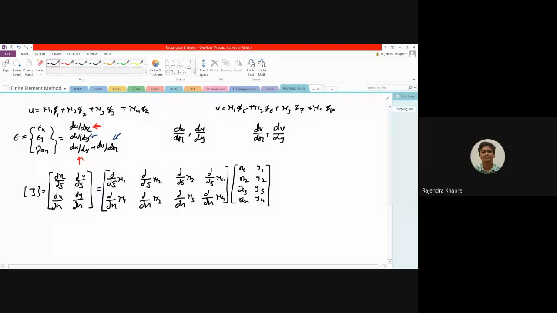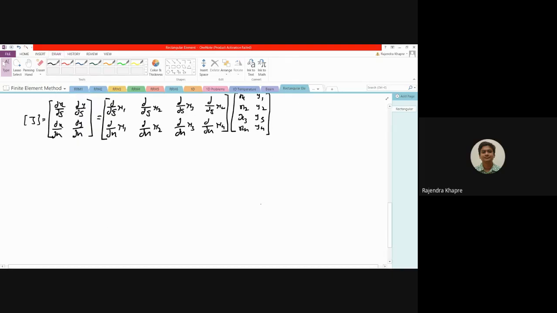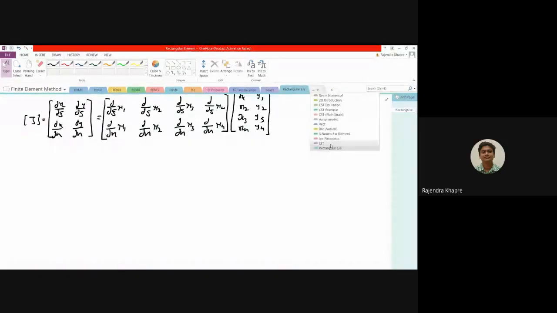Okay, and if you remember, we have seen in the previous class that the value of du by dx can be written in a different form, and accordingly you can get different values of this Jacobian matrix. So if you remember, we have written something like... ये देखो, let me open the previous one.